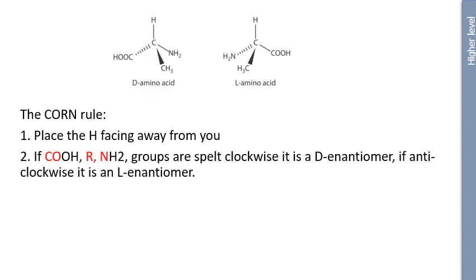Okay, this is where I use the CORN rule as well. You place the hydrogen facing away from you, okay, so it's up. If the CO, or the carboxyl group, the R group, and the NH2 groups are spelled clockwise, it's a D enantiomer, and if anticlockwise, it is an L enantiomer, the CO, R, and N.